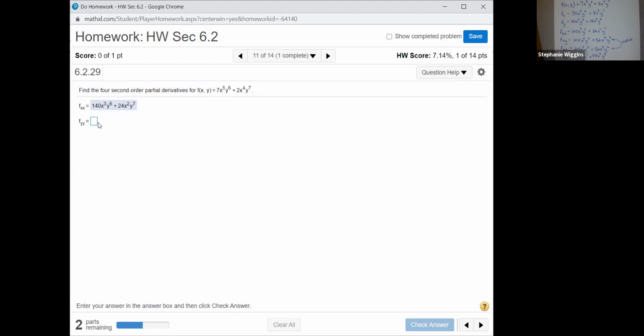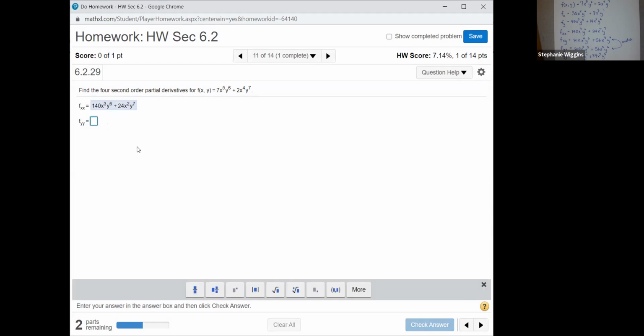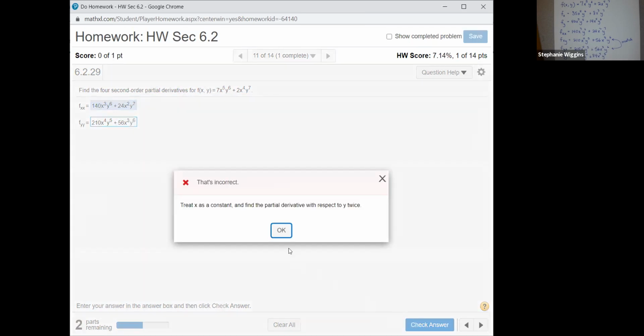Okay. And then we have 210x to the fourth. Anyway, it looks like I've done it correctly here, so, oh, as soon as I say that, hold on, did I copy the right one here?